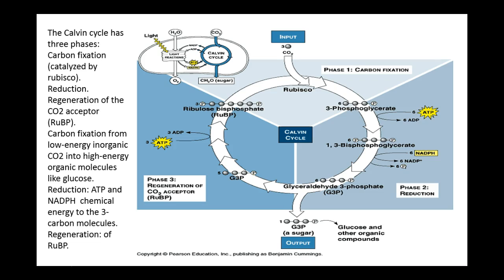But then in that reduction phase, and I'm sorry that I moved the slide for you, in that reduction phase, what's happening, ATP and NADPH provide the chemical energy to the 3 carbon molecules to actually form the bonds. So you start out with 3-phosphoglycerate. So you have a phosphorus on there, but you have 3 carbon molecules.